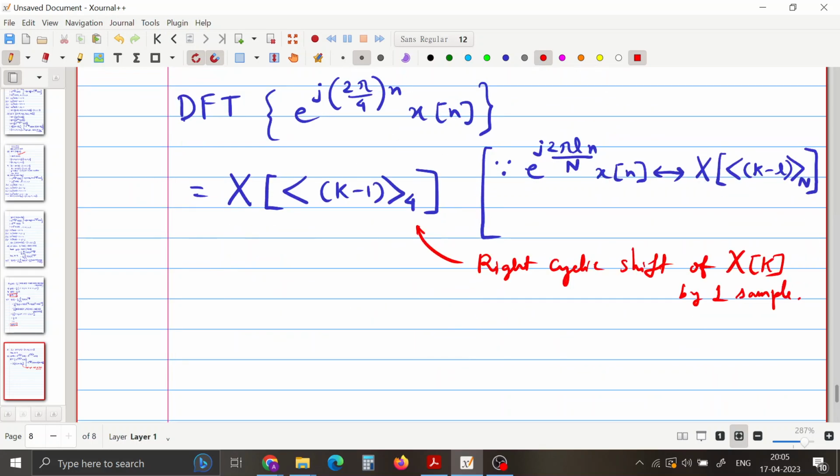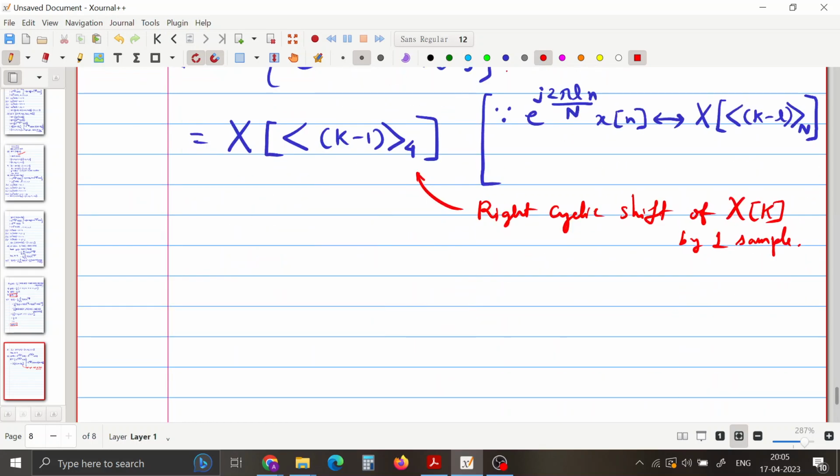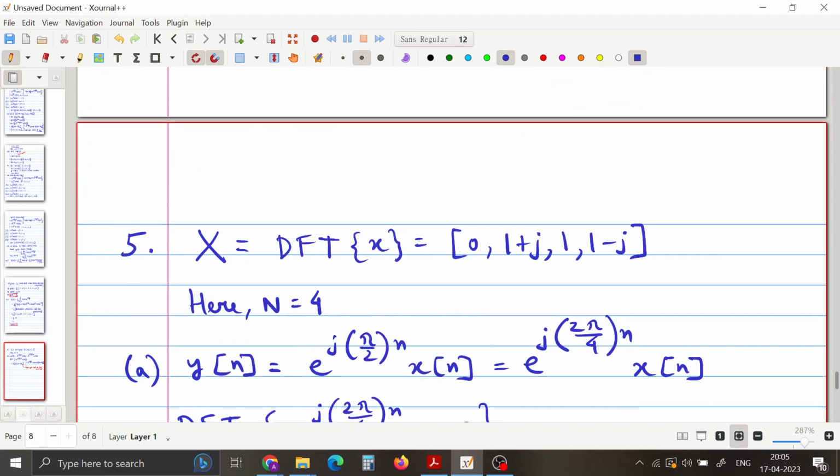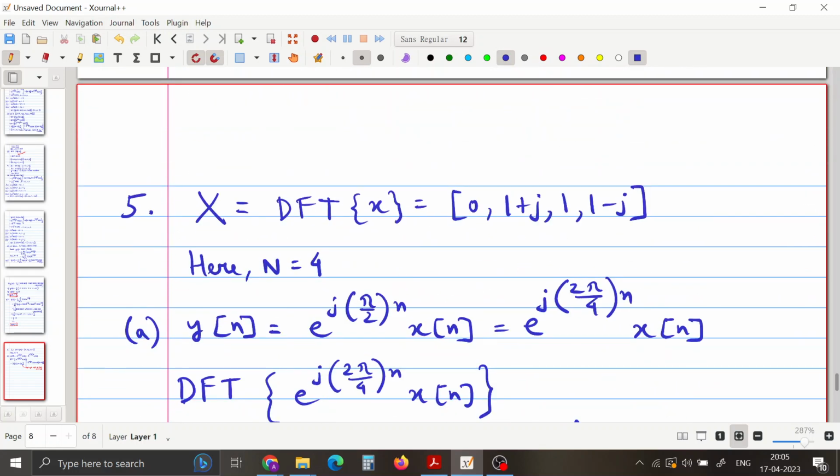So this is the given one: 0, 1 plus j, 1, 1 minus j. So 0 was in the first place, it moves to the second place now. 1 plus j was in the second place, it moves to the third place now. 1 was in the third place, it now moves to the right, so it comes to the fourth place.